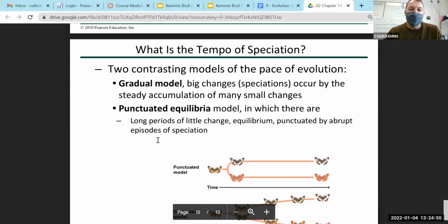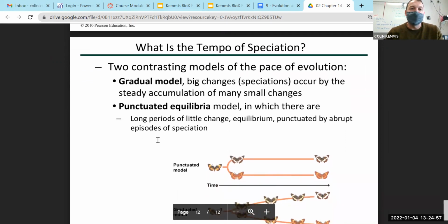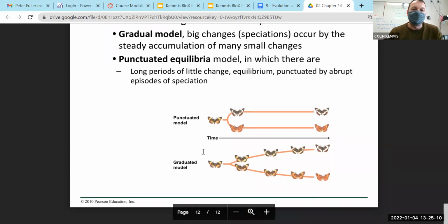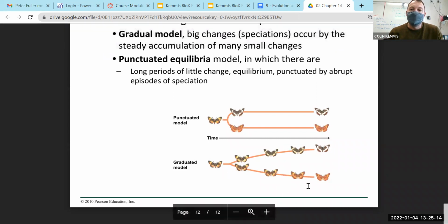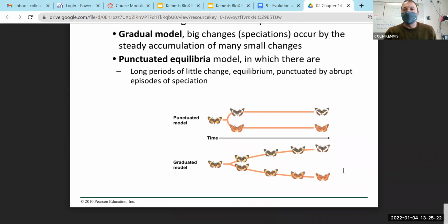The gradual model is that speciation occurs by lots of tiny, small accumulations of changes over time, which is shown by the bottom one here. These 2 populations of butterfly could have small changes, and over time there could be enough that they can't breed anymore, and they would be individual species.